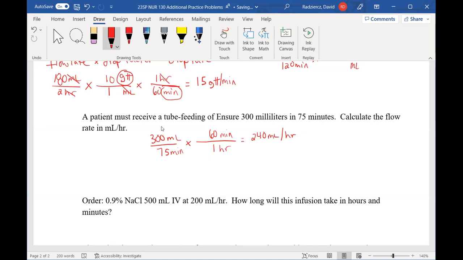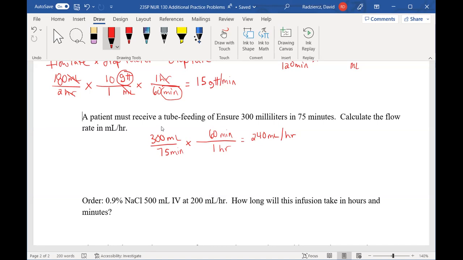Another common thing that will trip students up is it'll tell you that you have 100 grams of Ensure in 300 milliliters, or 500 grams of Ensure in 300 milliliters. When we're talking about flow rates, we don't care about the strength. We care about the strength as far as the application and giving it to the patient, but as far as calculating how fast it's flowing, we do not care about the strength of the medication.